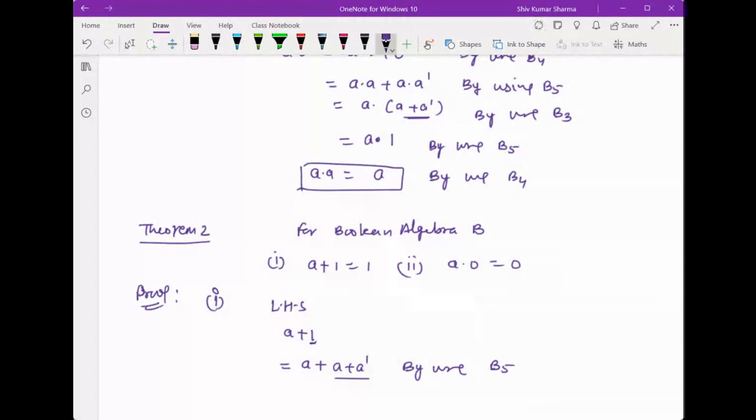And in the previous theorem 1 we have proved that A plus A equal to A, so we write this as A plus A complement, by using theorem 1, or the idempotent law.